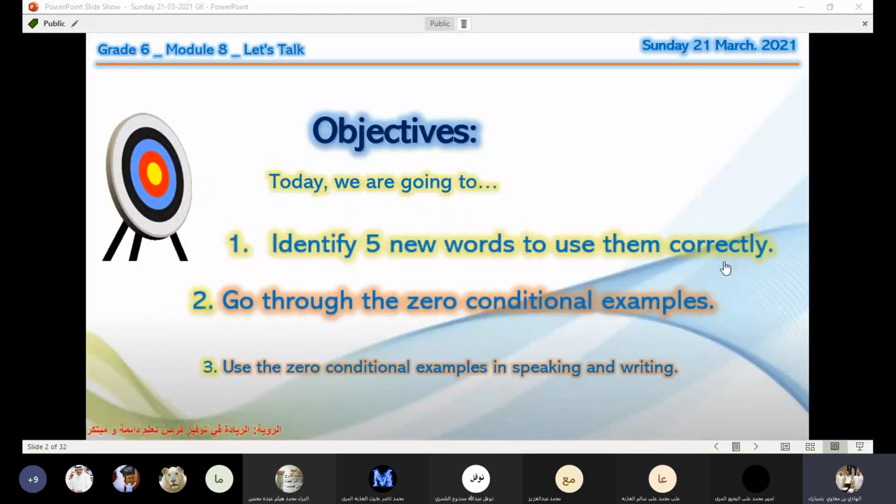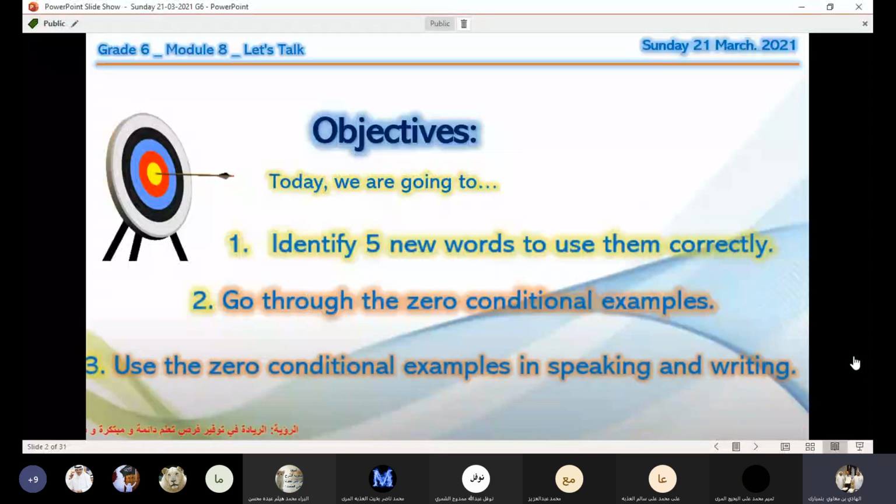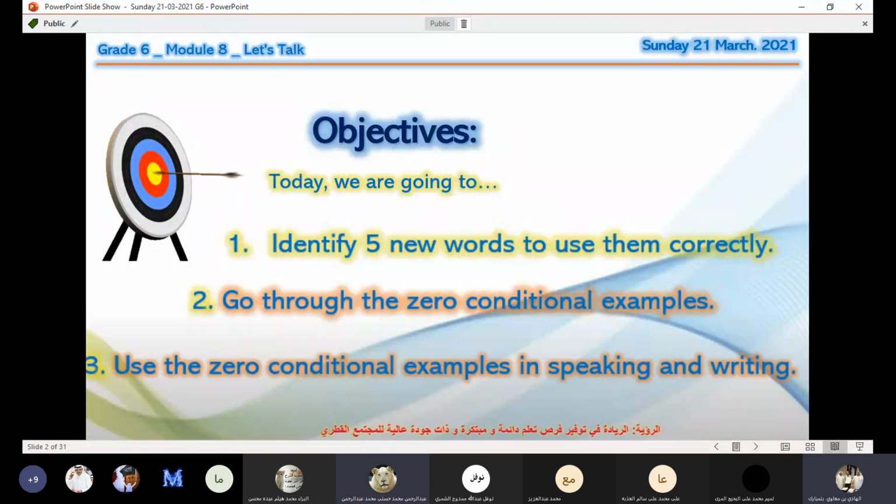Who wants to read for us number 3? Muhammad Husni, would you please unmute yourself and read for us objective number 3? You use the 0 conditional examples in speaking and writing.